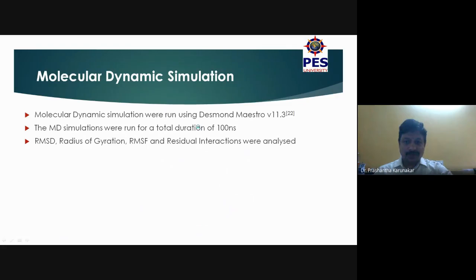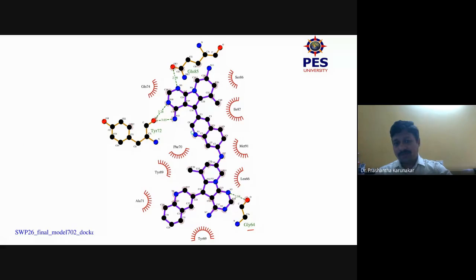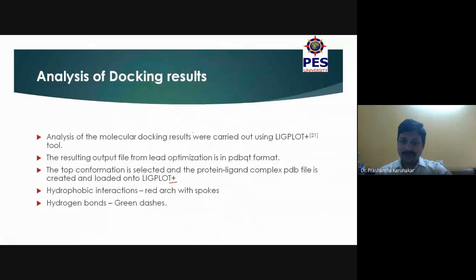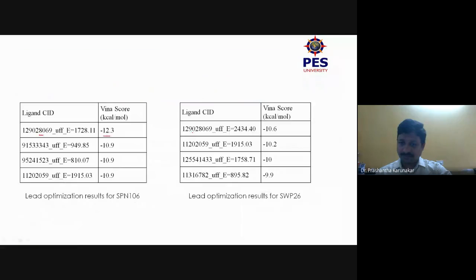Another thing we observed: whenever we have the results, one should look, is there any ligand which is common? It is a coincidence, and in this case, it is observed that 129028069, the same ligand is there here. That means we have a common ligand which can bind to SPN106, and it can also bind to SWP26.